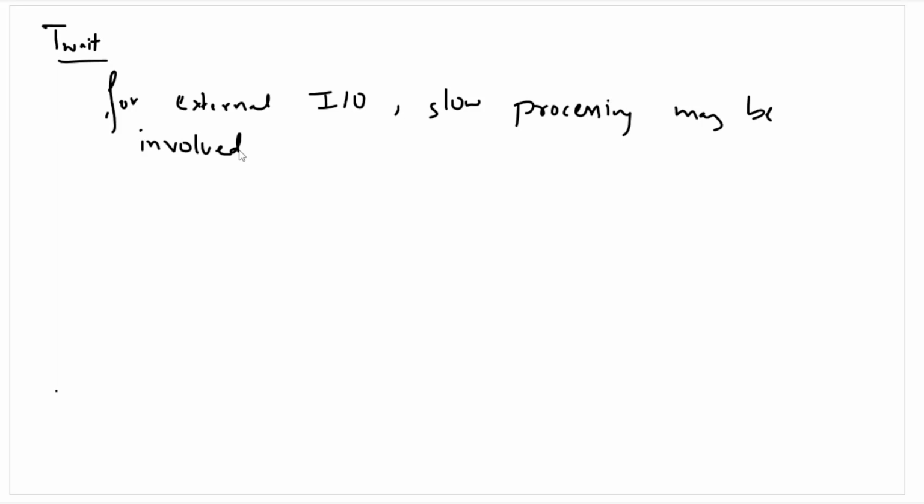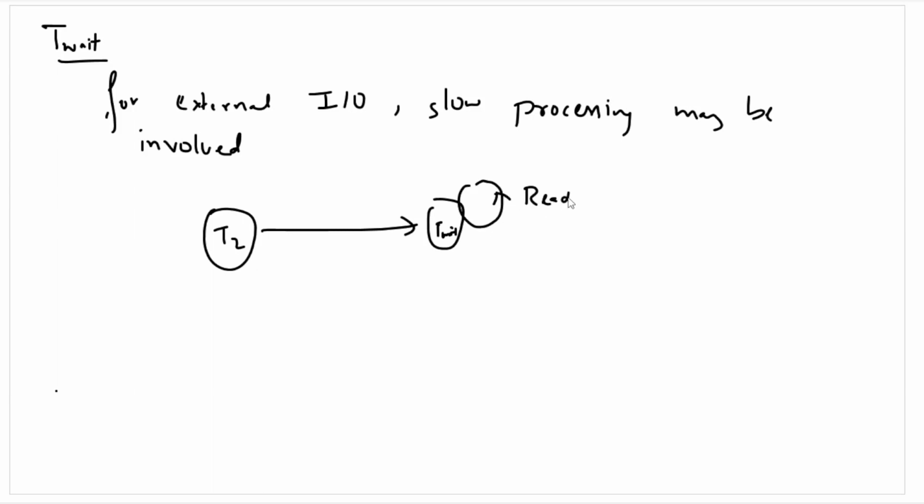If the I/O device or the memory is not in sync with the microprocessor, then in the T2 state, as long as the data is not read completely, the microprocessor may enter the T wait state.